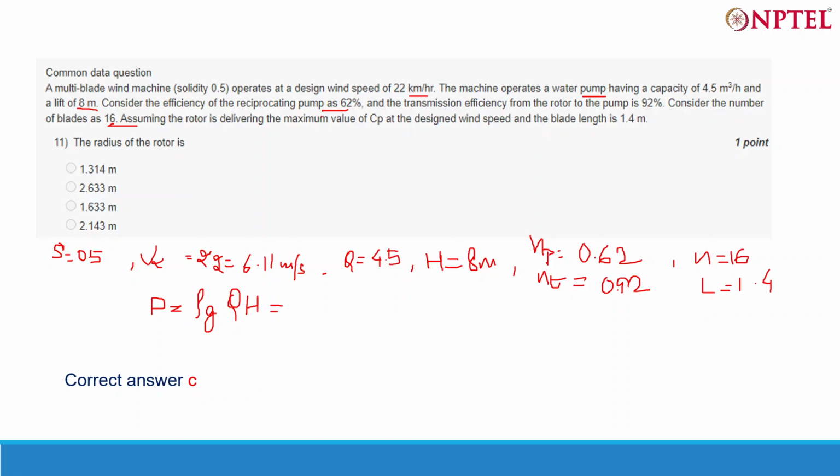There are no losses: the efficiency of pump is 100%, transmission efficiency is 100%, then this will be required. But since there is a transmission efficiency and a pump efficiency given, you just divide it by 0.62 and 0.92. So did you get this concept, or should I make you understand more easily? Why are we dividing it by 0.62 and 0.92, the multiplication of 0.62 and 0.92?